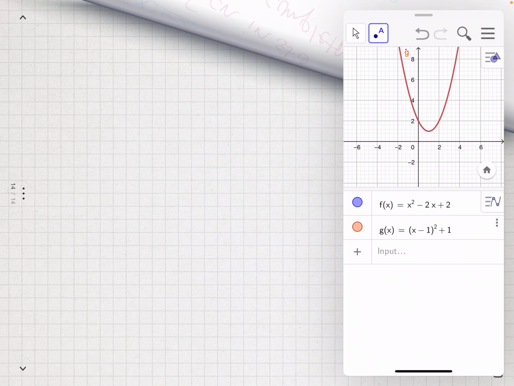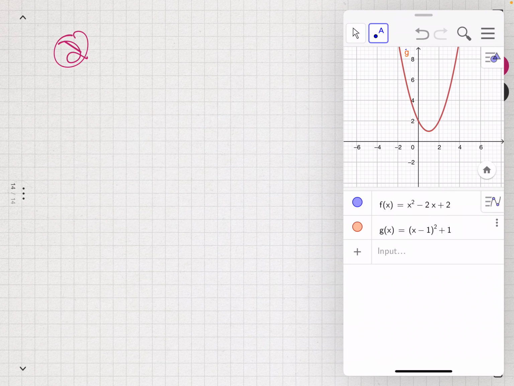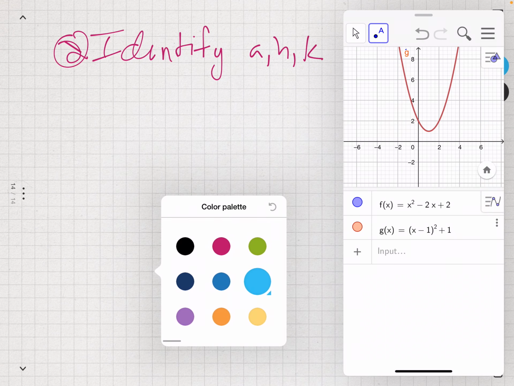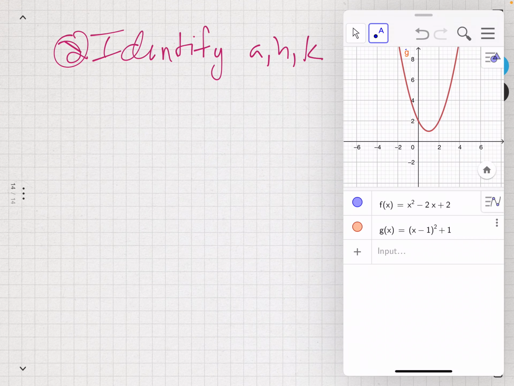to another slide. So step 2, identify A, H, and K. And so we had x minus 1 squared plus 1, x minus 1 squared plus 1. So A is 1, H is 1, and K is 1.